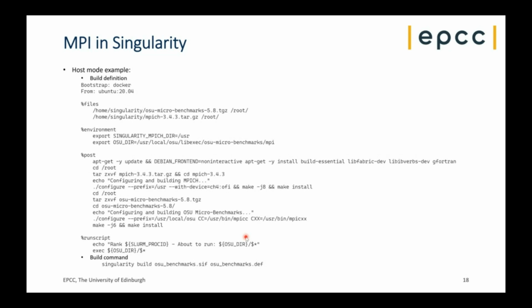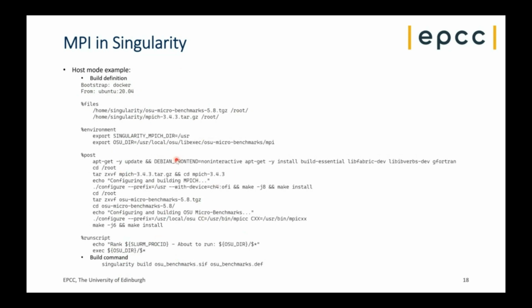The gold standard way of doing it is to provide Singularity with a build definition, which is this file here, which says what image do I want to start with, what version of that image do I want, what files am I going to pull in from the outside, and then set up the environment and build all the software we need when you're building the container, and configure the run script and those kind of things.